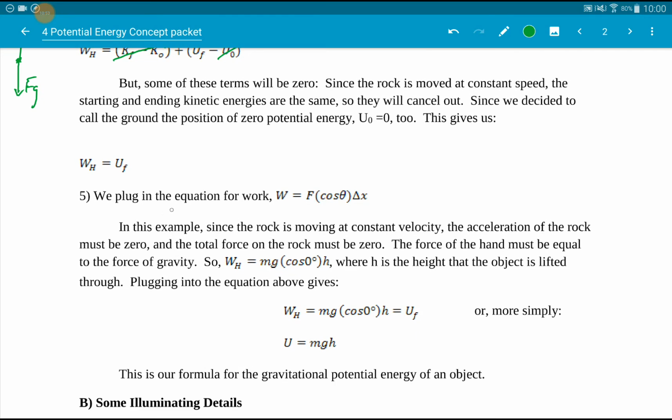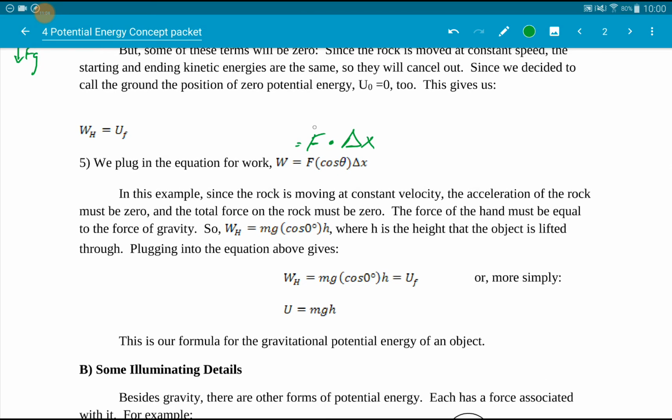So now we plug the equation for work in, where it's F dot delta x, and the way to resolve that dot product there is just the cosine of the angle between those two vectors. And if I want to write this particularly, these two are both vectors, so they have little vector hats on top of them. Question, is work a vector? Work, the change in energy, is that a vector? Well, energy, does it have a direction? You can kind of say yes, but it doesn't really.